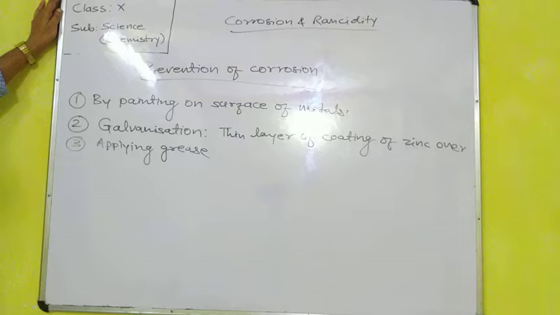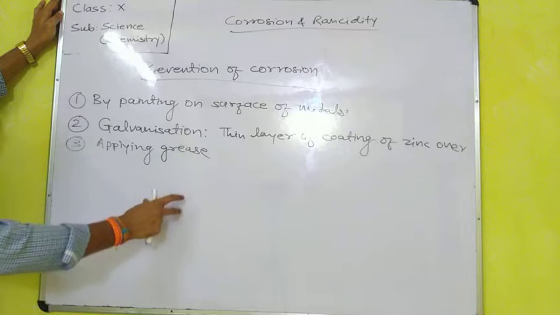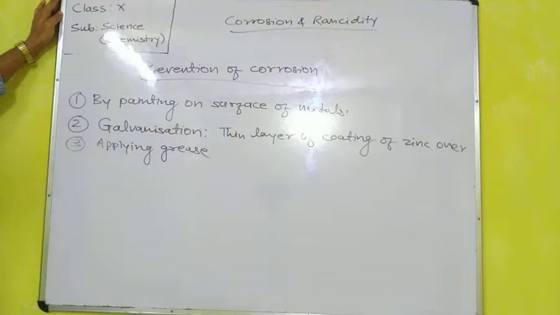By applying grease, they become smooth, and it also prevents the contact of atmospheric air and water with the metals. So grease prevents corrosion.